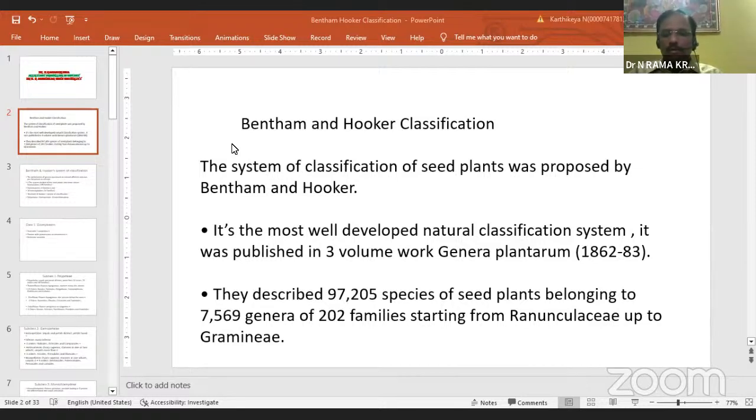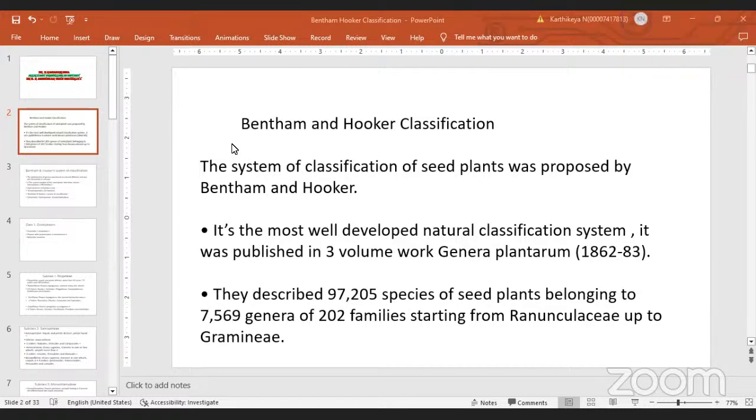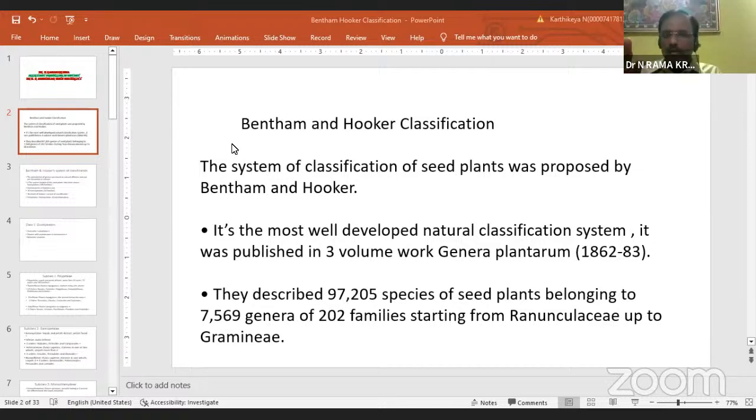Okay. The last class we started systems of classifications. In that one, the classification is mainly depending on how many characters. Yesterday I told that the entire classification mainly depends on what?